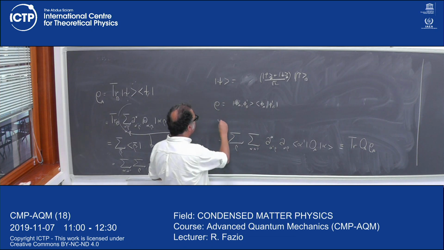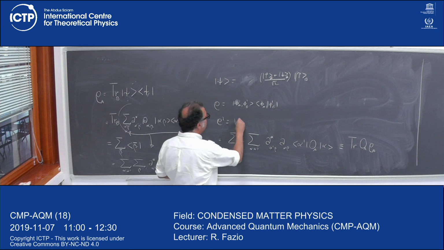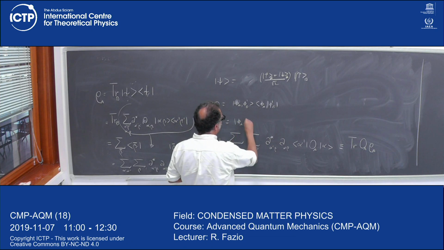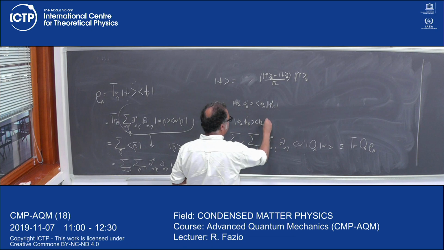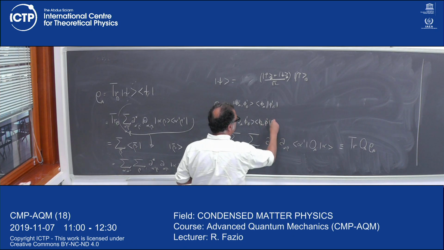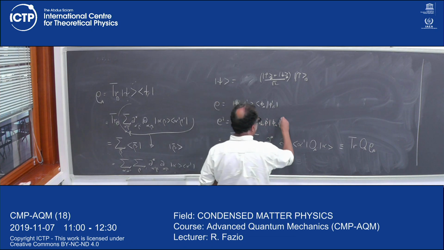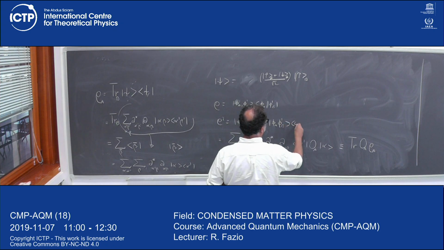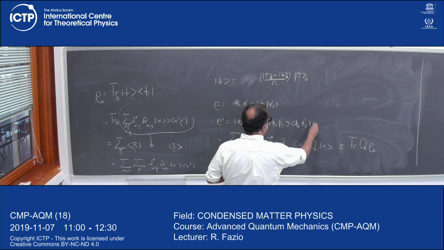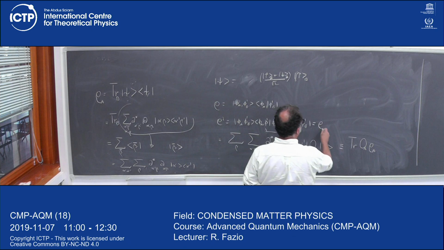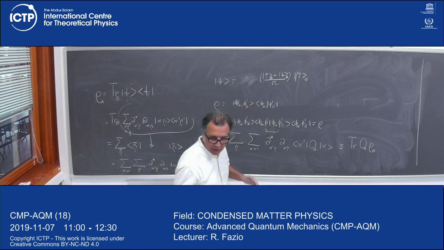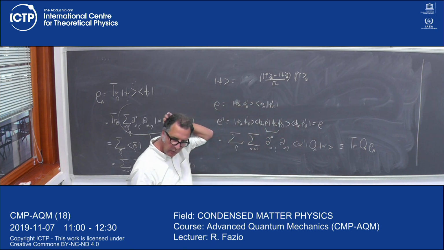So if you compute rho squared, this is phi A, phi prime B, phi A, phi prime B, you multiply by phi A, phi prime B, phi A, phi prime B, and since this is 1, this is just equal to rho. Okay. And since trace of rho is 1, then trace of rho squared is 1.